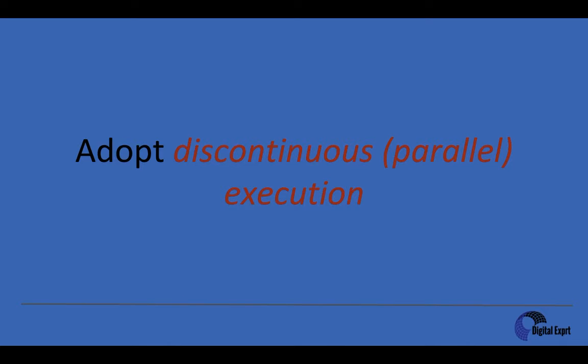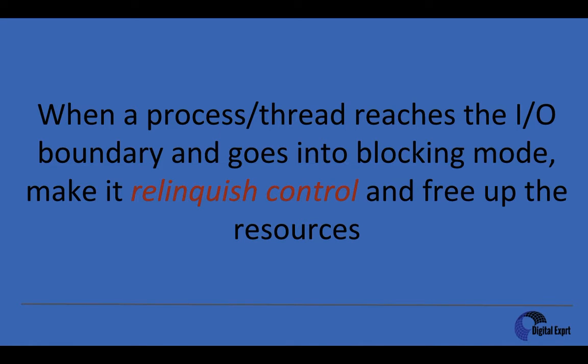So when a process or a thread reaches the I/O boundary, naturally at that point, if we are following the imperative programming model, it goes into a blocking mode. That's like the knee-jerk behavior. We need to design it in such a way that it relinquishes control. It does not hold and block. It gives up, frees up the resources. That is very important.